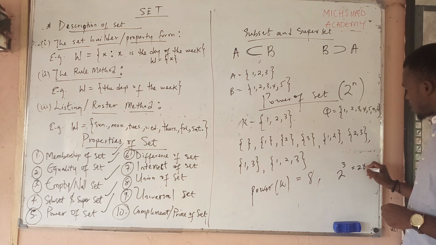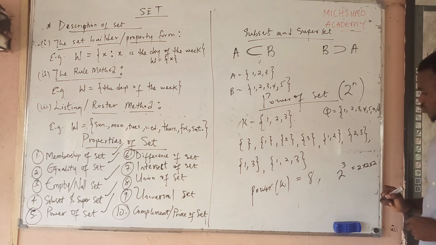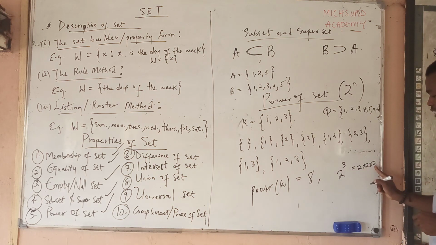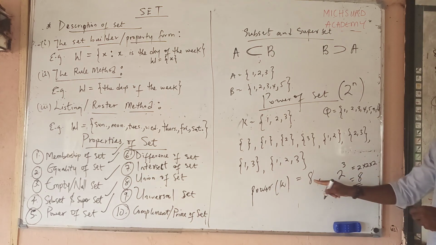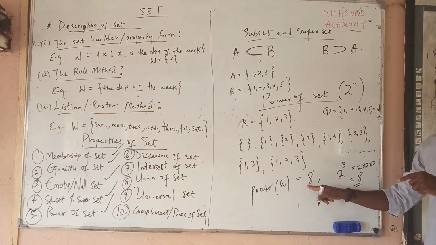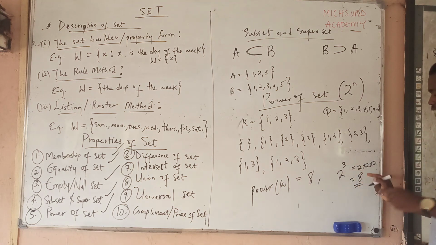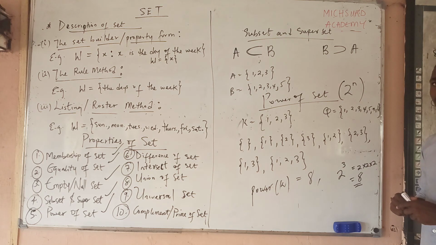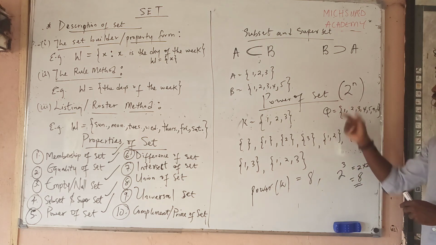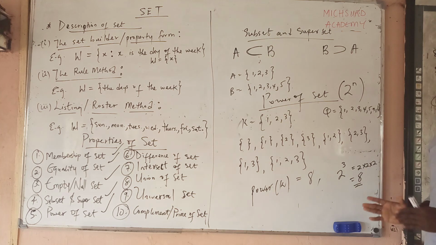So this will be 2 times 2 times 2. 2 times 2 is 4, 4 times 2 is 8. So this gives us the same answer as this one here. Okay, so we have that 8 is the power of set K, which is the same as this. So with this formula, you can calculate the power of the set.